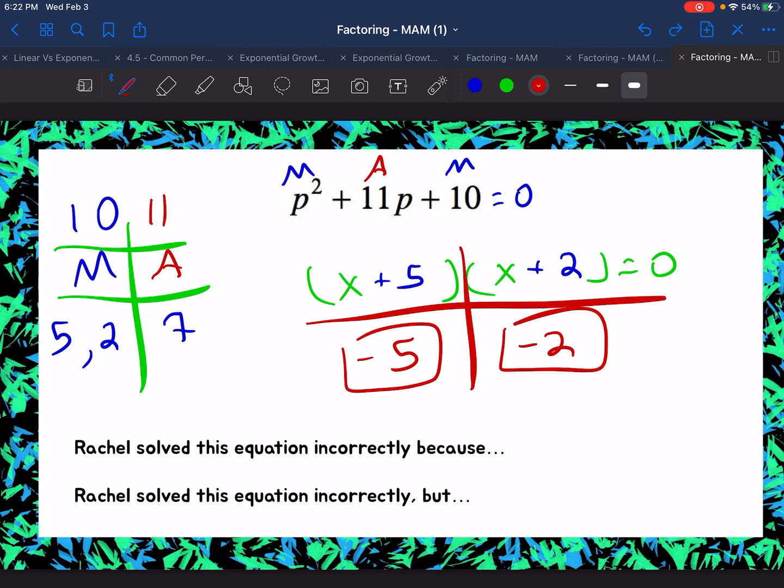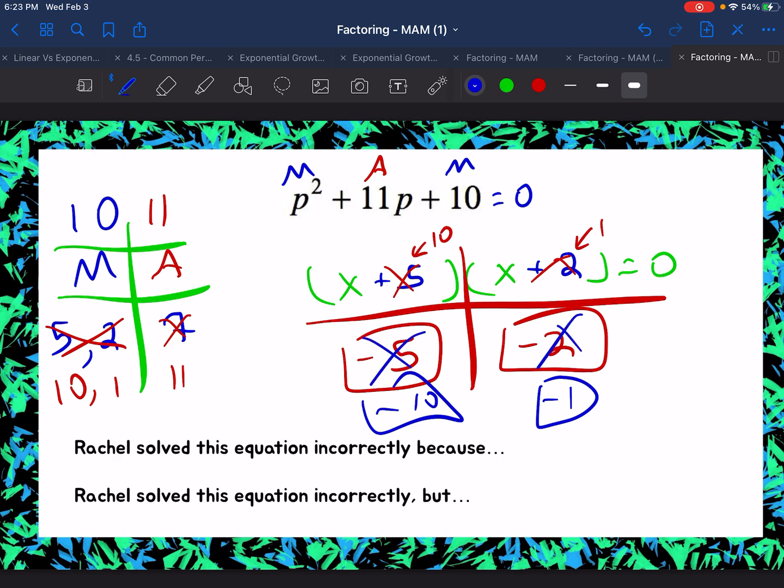So here's how I might finish those. I solved this incorrectly because 5 and 2 do not add to 11. They add to 7, and I need them to add to 11. So I should have picked 10 and 1 because that adds to 11. So then this would have been 10, this would have been 1, and then my actual answers would have been negative 10 and negative 1.